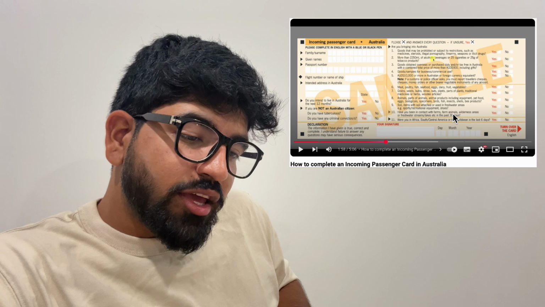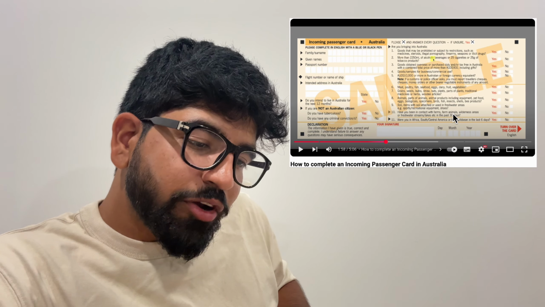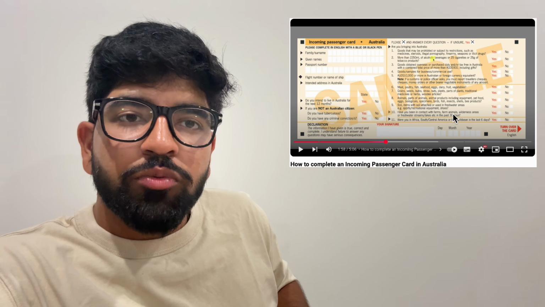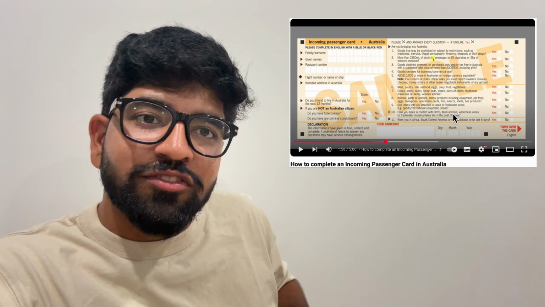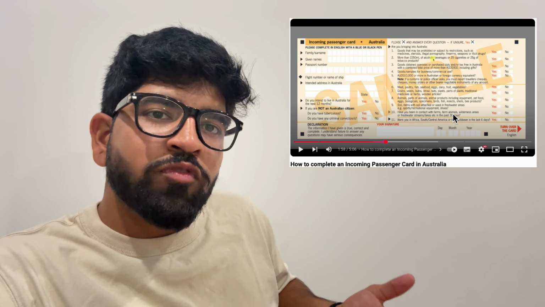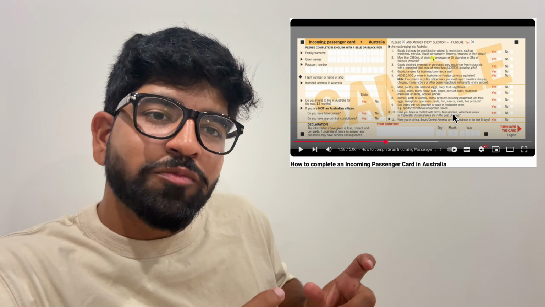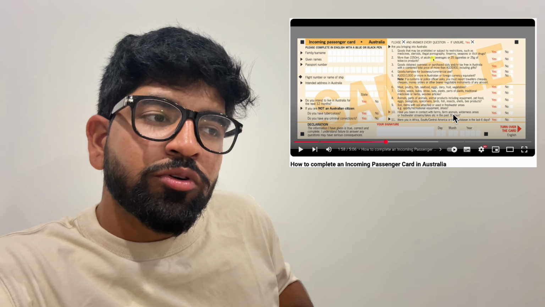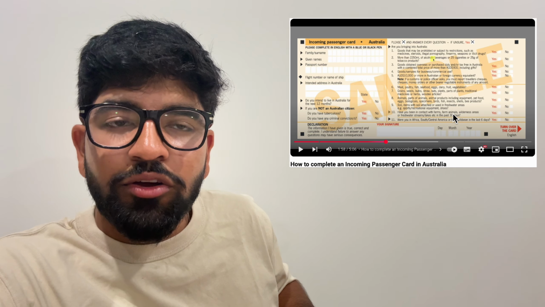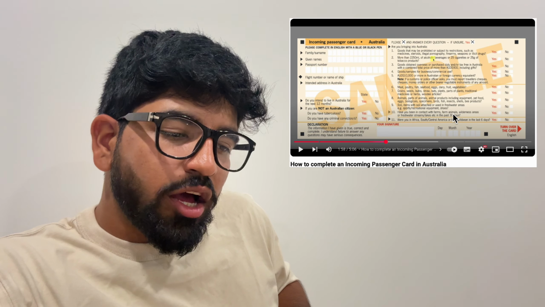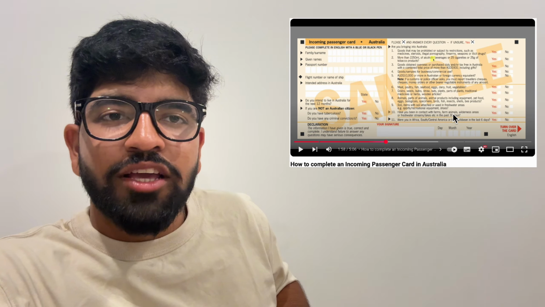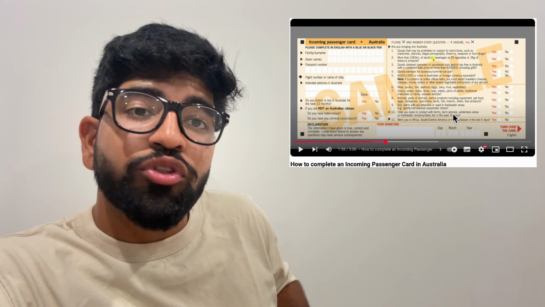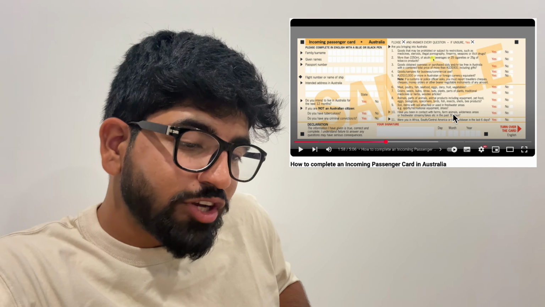So that's why there's that limit of 25 cigarettes, because they don't want people bringing multiple packs of cigarettes with them, because obviously they sell them, and if they're getting them from their home country, they're obviously getting them cheap. So to have a control, to have a limit over smoking, they increase the price of cigarettes, and that's why they don't want you to bring more than 25 cigarettes into Australia.